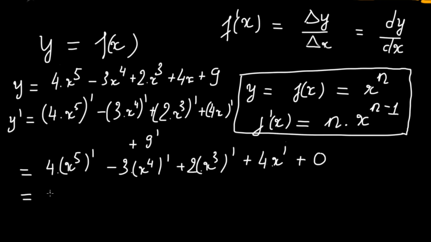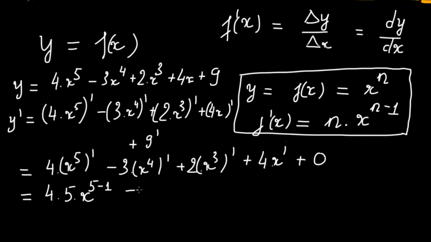Now we see 4, we put it here. X to the 5th prime is similar to the formula before. We have the function f of x equals x to the n, and then f prime of x equals n times x raised to the power of n minus 1. In this case, n equals 5, right? So we put n down, which means you put 5 here, and then times x raised to the power of n minus 1, which is 5 minus 1 here.